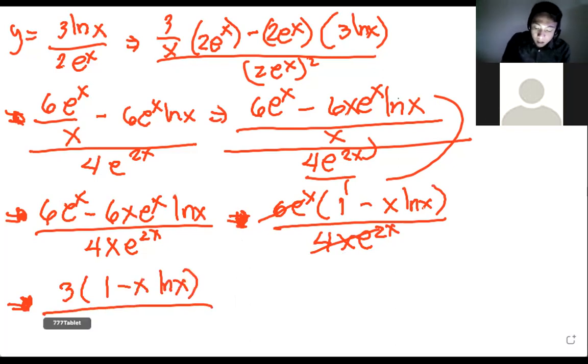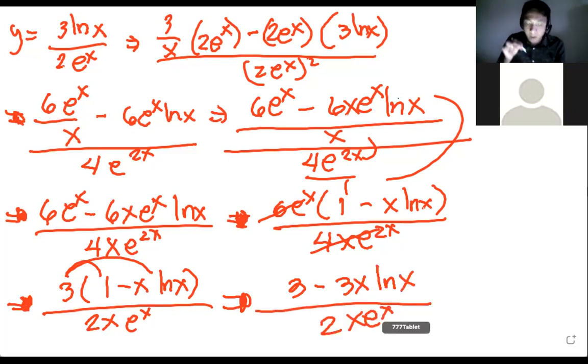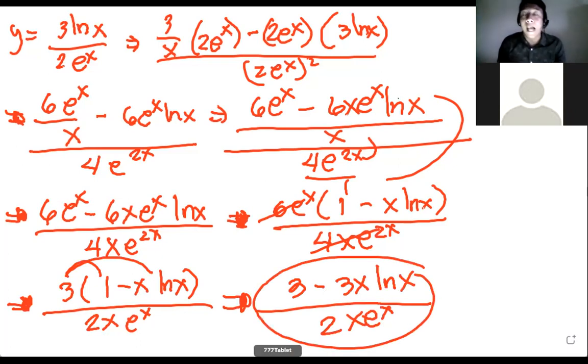Okay. 6 will become 3, 4 will become 2, and then x, matitira sa baba, e raised to 2x, mababawasan ng isang e raised to x, so we have only e raised to x. And for the final answer, I will just put it inside para makita yung simplification niya. 3 minus 3x ln x all over 2x e raised to x. So this will be the answer for the last problem.